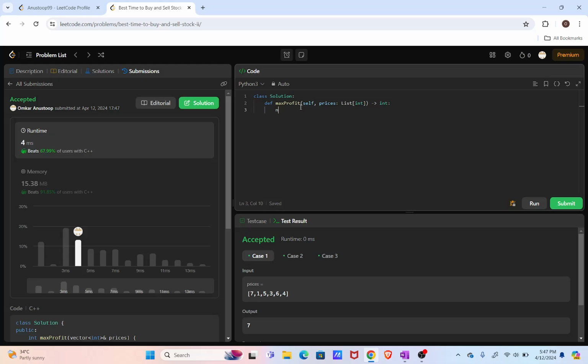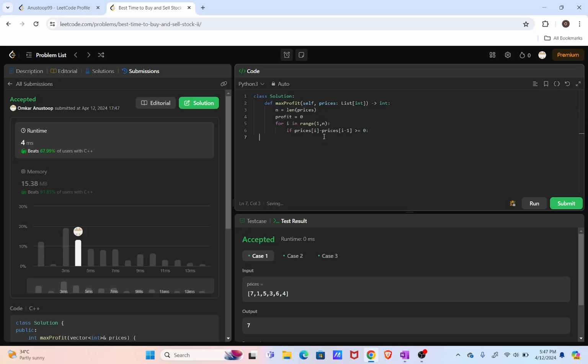It shouldn't be difficult. N is length of this given list. Then for I in the range 1 to n, if prices at I minus prices at I minus 1 is greater than or equal to 0, so let's declare profit here. Profit is 0.